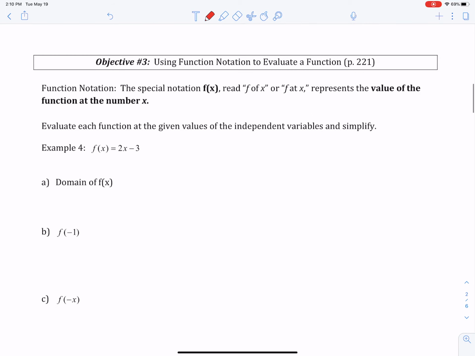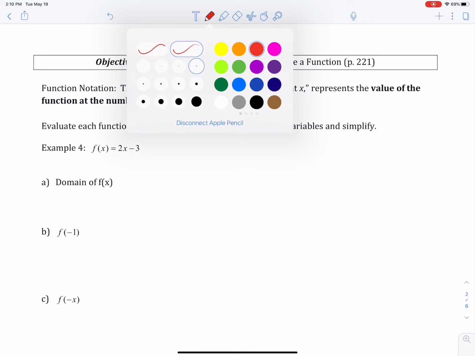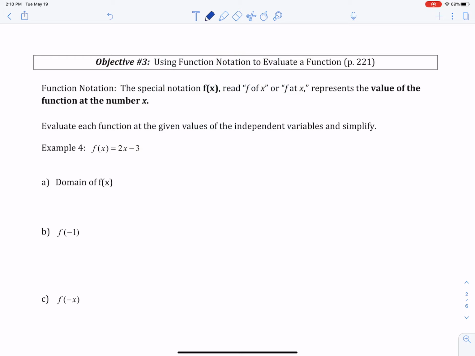Objective 3. Using function notation to evaluate a function. Now, f of x is the same thing as saying the y value. It's just a more convenient way of showing the y value because y depends on how much the x value is. So we read this notation f of x or f at x.